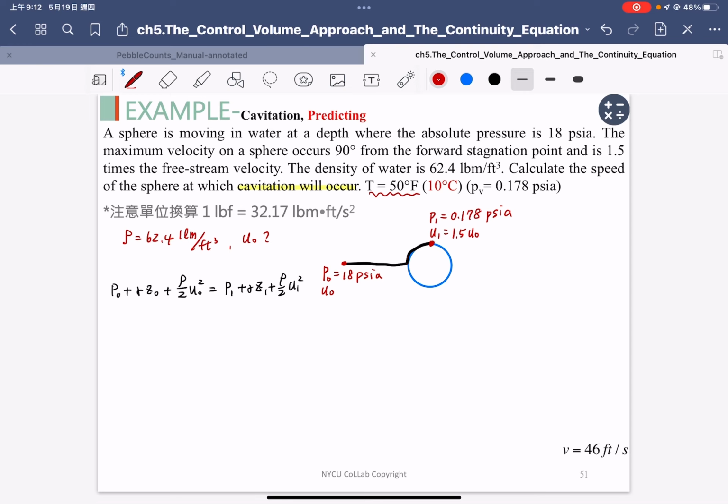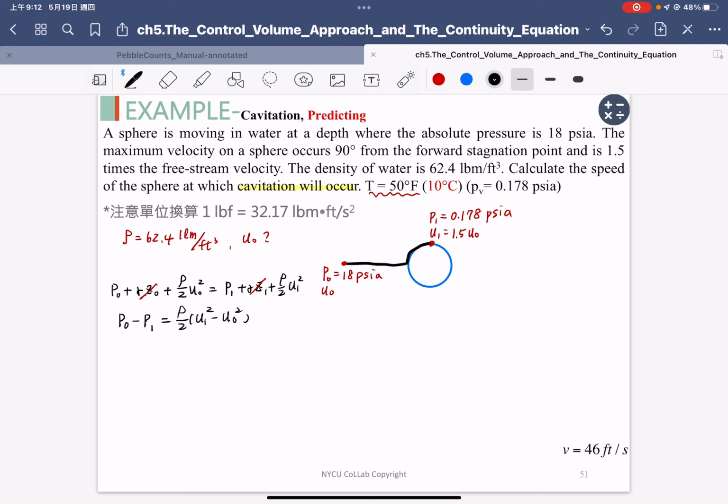So we just cancel out the gamma Z terms, and we know that P0 minus P1 equals one half rho times U1 squared minus U0 squared, right?